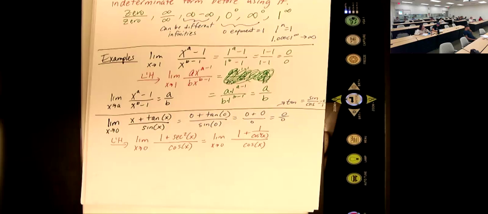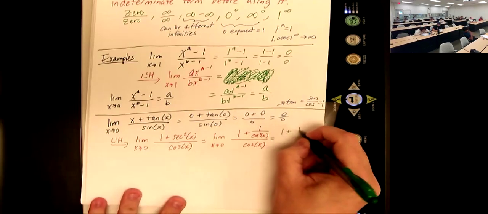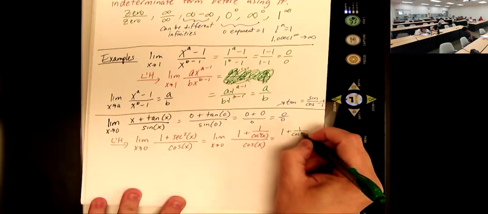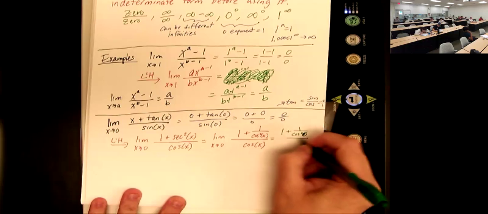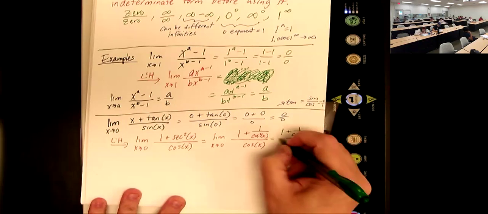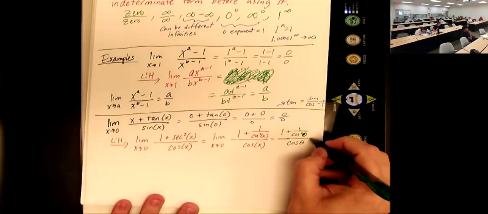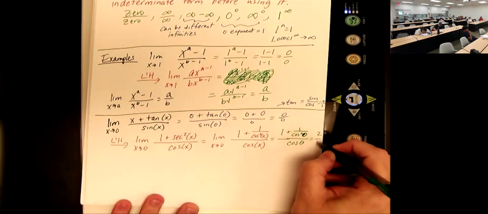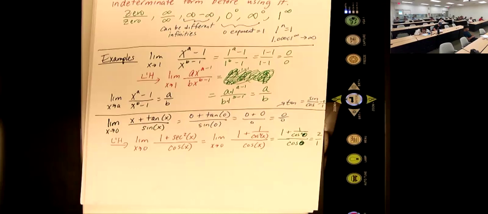But if I plug this in now, I get 1 plus 1 over cosine of 0 squared, over cosine of 0. I wrote theta there, that should say 0. Cosine of 0 is 1, so we got 1 plus 1 on top, 1 on bottom, 2 over 1 is 2.